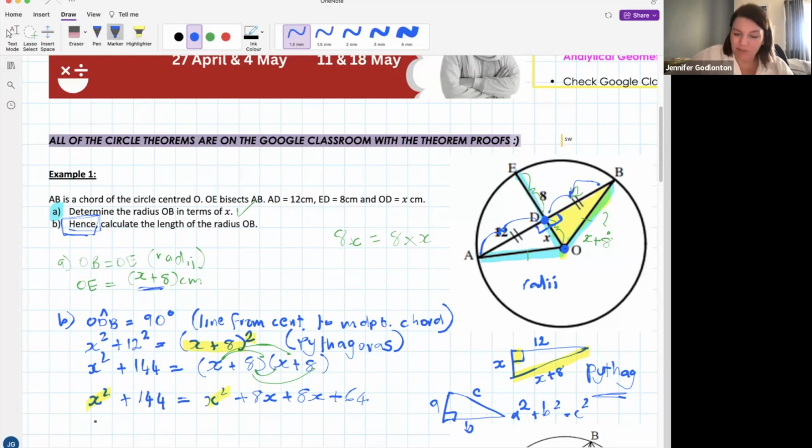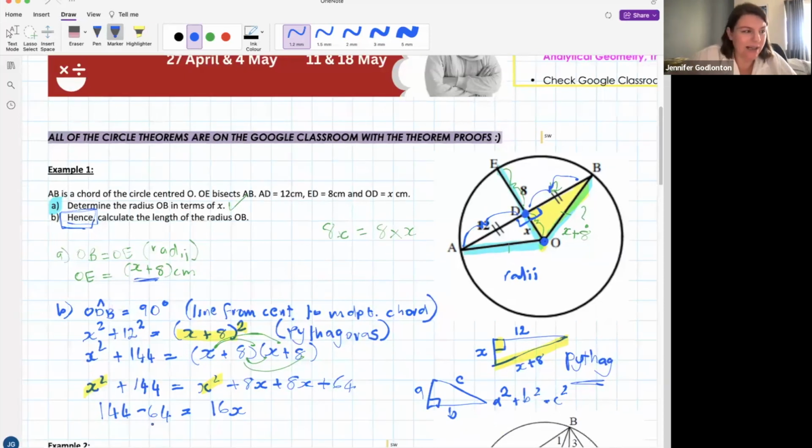I'm going to move my 64 to the other side. So I'm going to say 144 minus 64. And on this side, I am left with 16x. Okay. And 144 minus 64 gives us 80. So we're going to have 80 is equal to 16x.